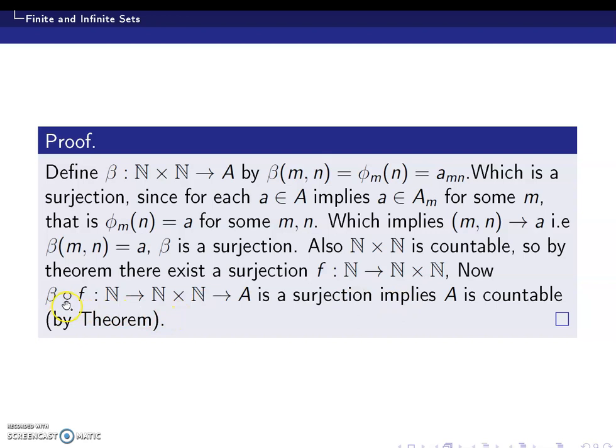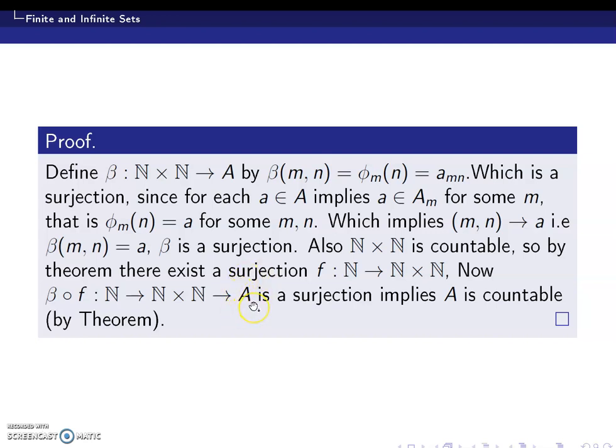So we got a surjection beta composition f from the set of all natural numbers onto capital A. By the equivalence condition, if there exists a surjection from the set of all natural numbers onto a particular set, we can safely say that that particular set is countable.